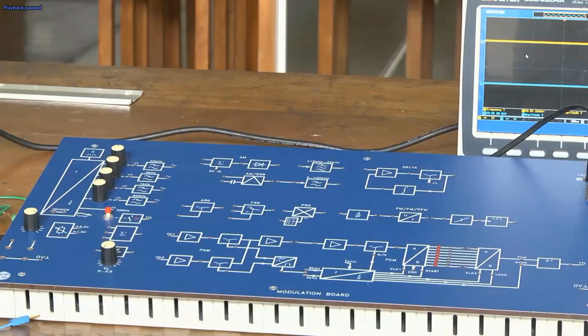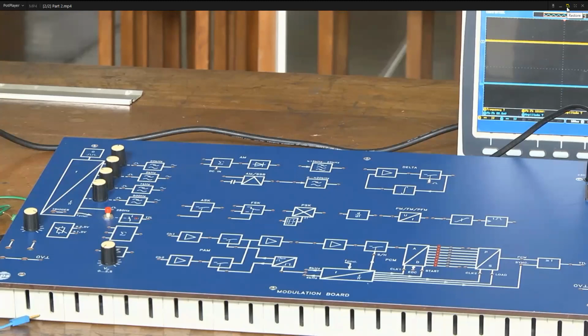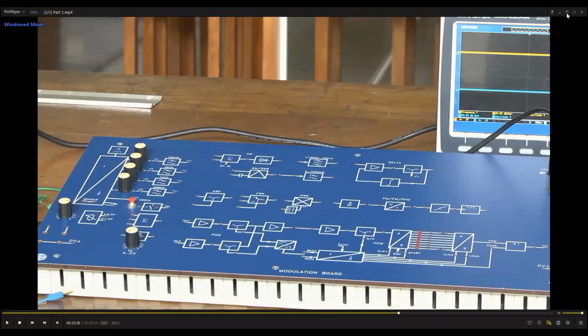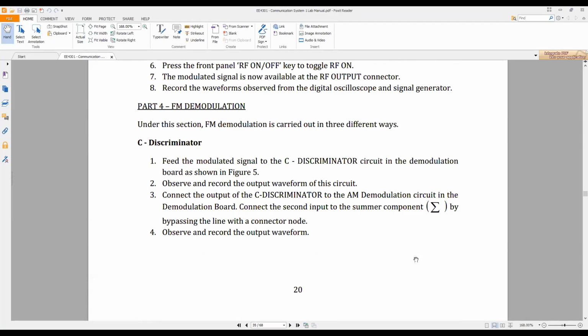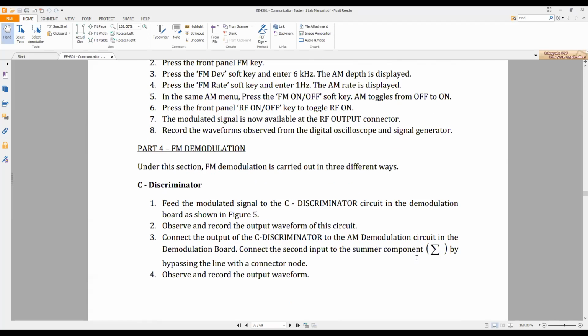In the lab sheet, for doing the practical, first you have to use the count discriminator circuit. So here you have to feed the modulated signal to the count discriminator circuit in the demodulation board, and observe the output waveform.